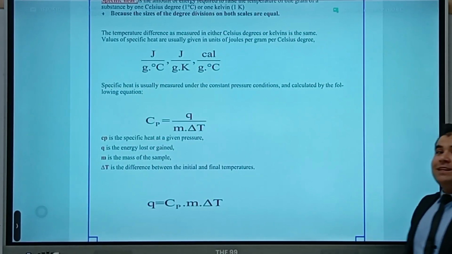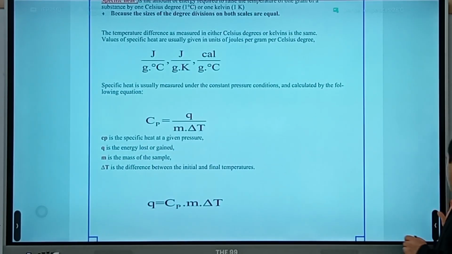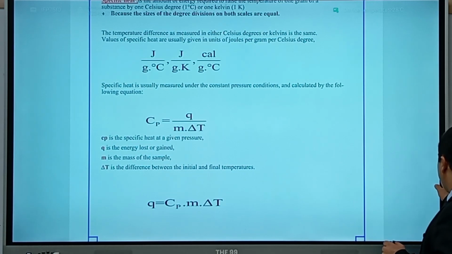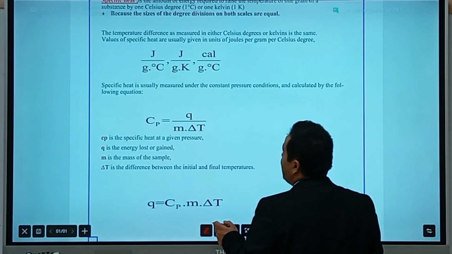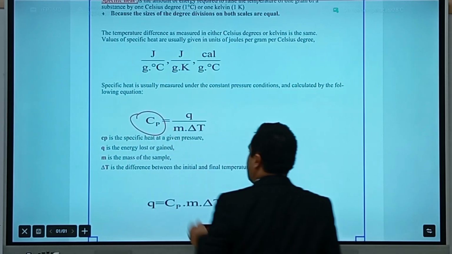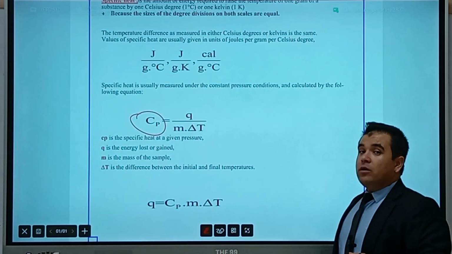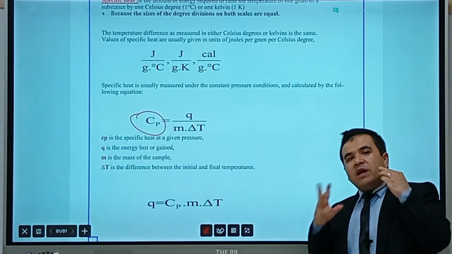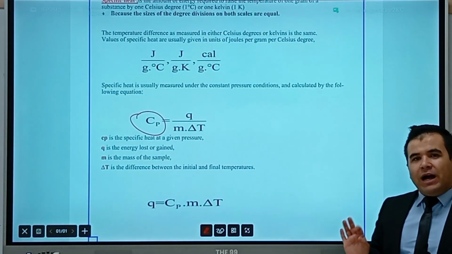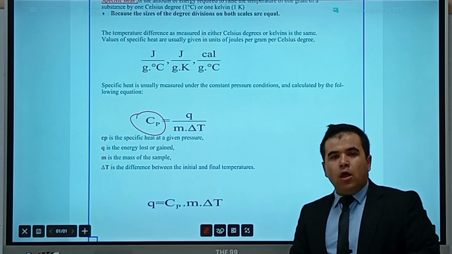How to calculate the specific heat for the reaction or for the substances? Guys, specific heat is represented by Cp. Why Cp? We measure the specific heat for any sample at constant pressure.